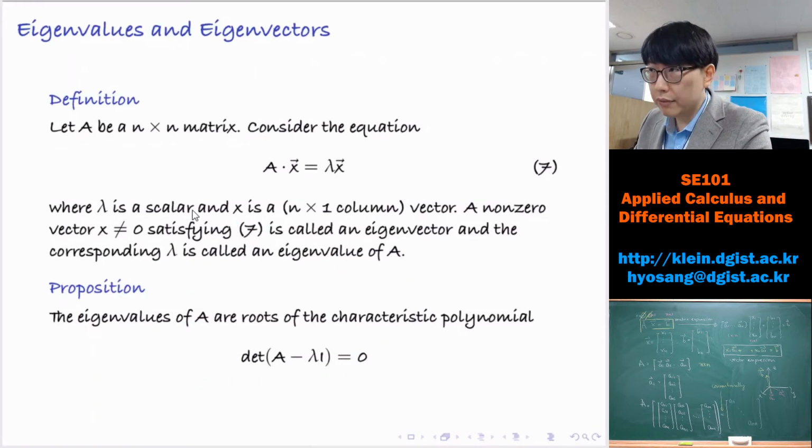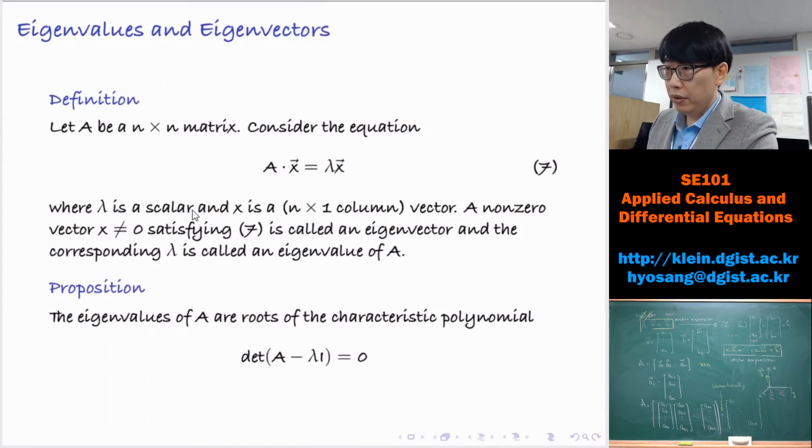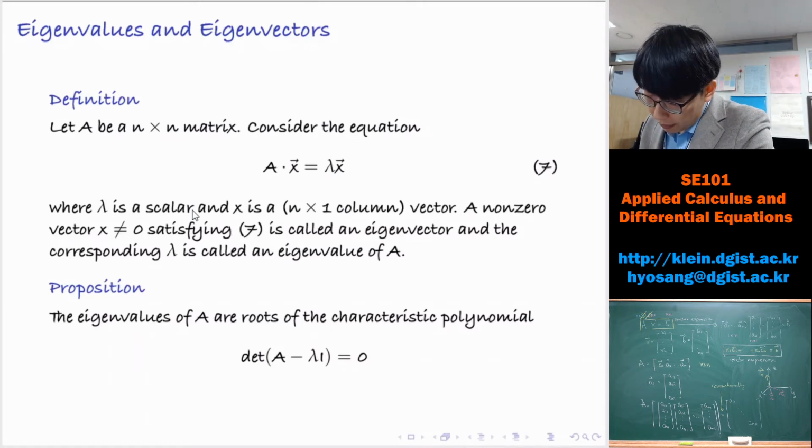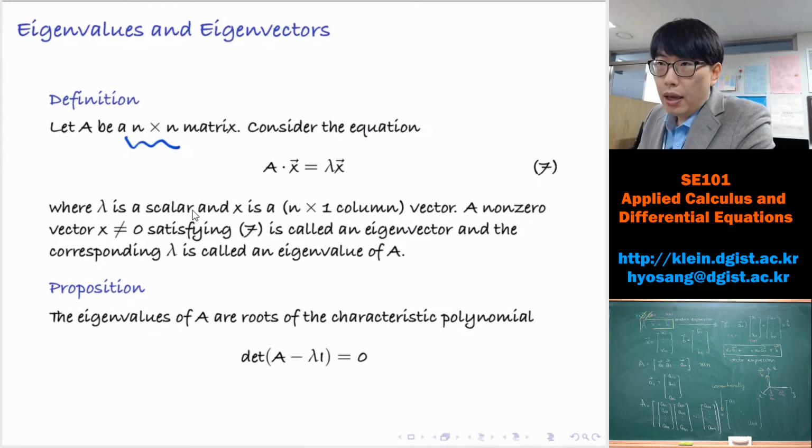Now, eigenvalues and eigenvectors. We are doing this only because we need this for solving differential equations. We are going to solve those in the next lecture. For now, we just review the definitions. So let A be a square matrix. It has to be a square matrix. And consider the equation A times x. Now, x is not a number.